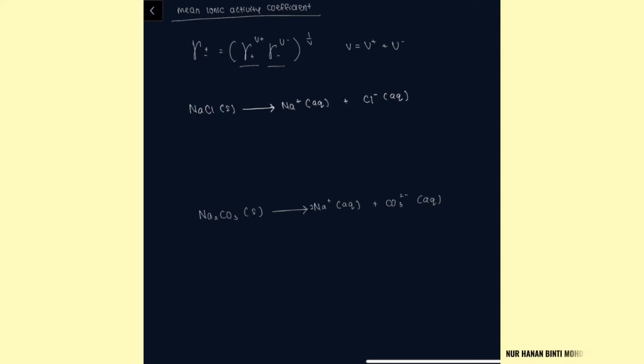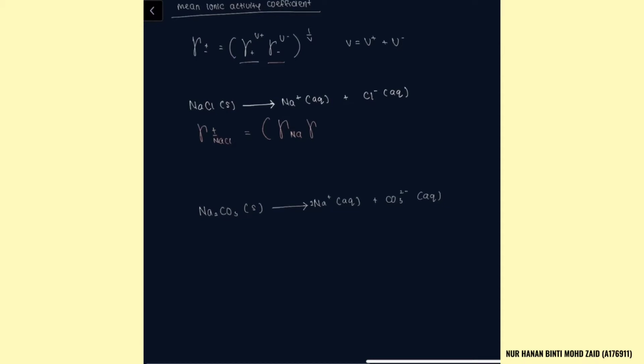So for NaCl, for example, NaCl dissociates into Na plus and Cl minus. So untuk cari mean ionic activity coefficient for NaCl, kita boleh tulis gamma plus minus NaCl is equal to gamma for positive ion, which is Na plus, and the nu plus is 1, and gamma for the activity coefficient of negative ion, which is Cl minus, and the nu minus is 1, so 1 over nu is 2.